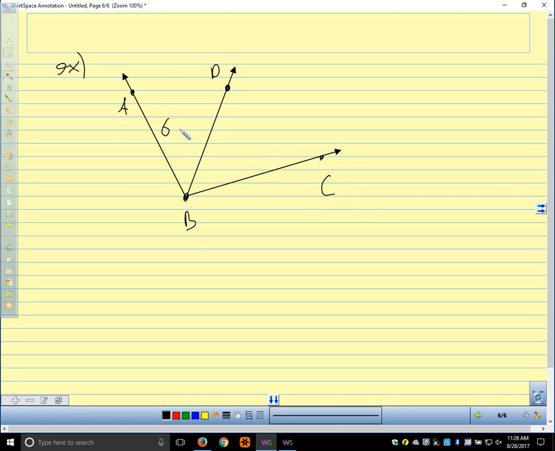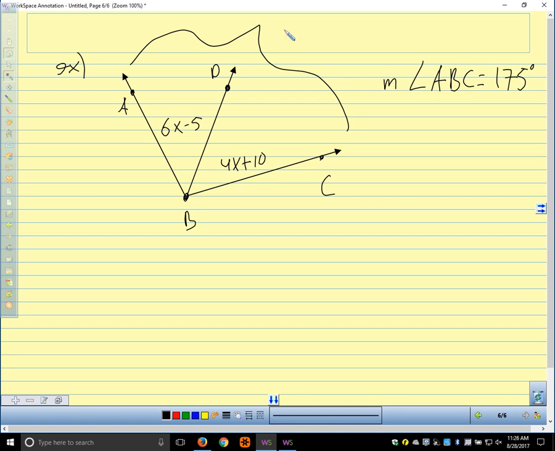And it tells us that this angle is 6x minus 5. This angle is 4x plus 10. And the measure of angle ABC is 175. So this whole thing is 175 degrees. And the problem asks us to find the measure of angle ABD, that's a question mark, and the measure of angle DBC.